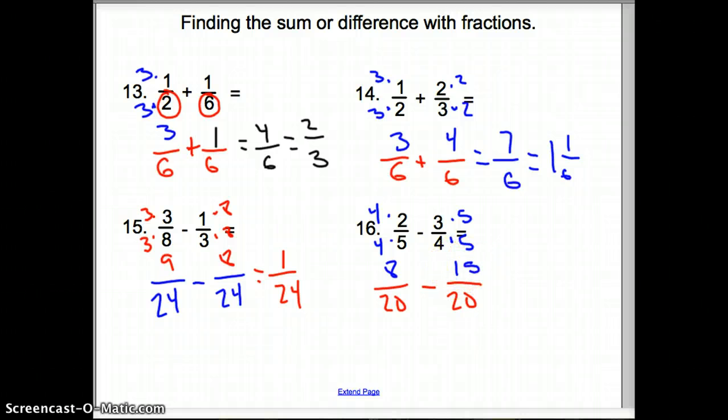That's 15. Now we have to be careful here because it's 8 minus 15. Well, I know that 15 minus 8 is 7. But we are taking away 15 from 8. So is this going to be a positive or negative 7? Since the 15 is bigger than the 8, I know that it's going to be negative. So it's negative 7/20.